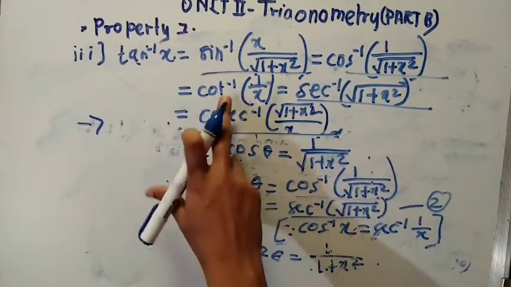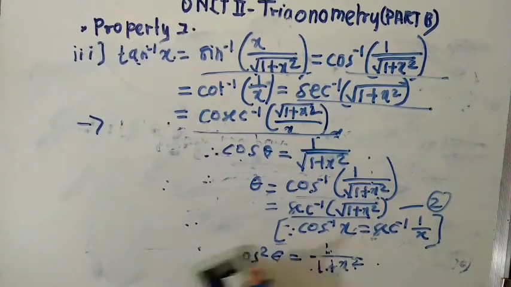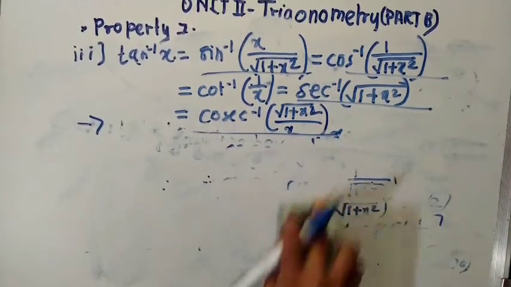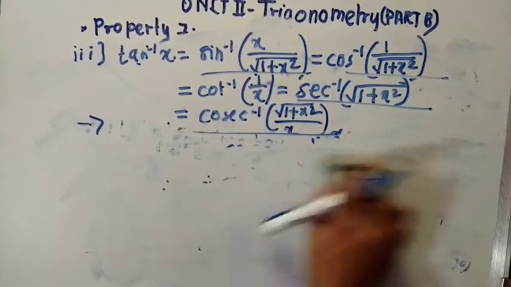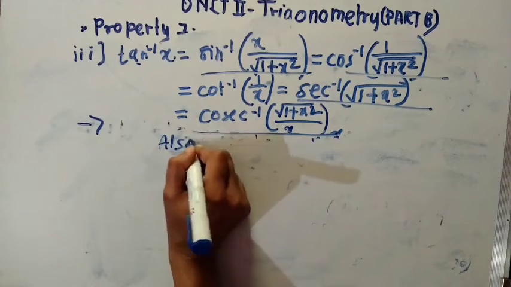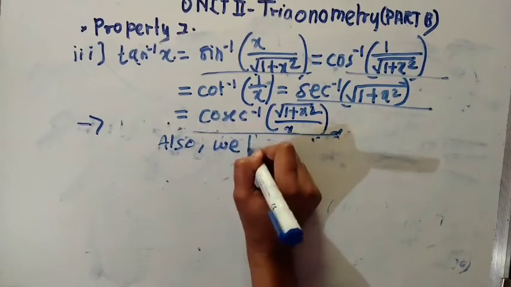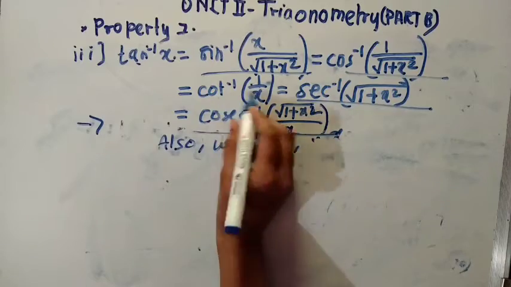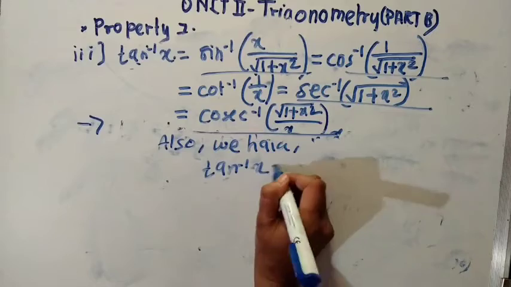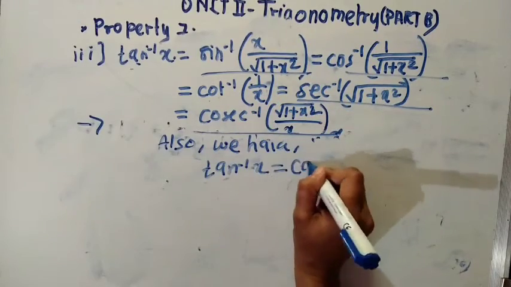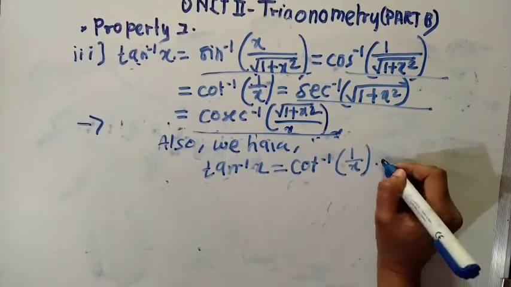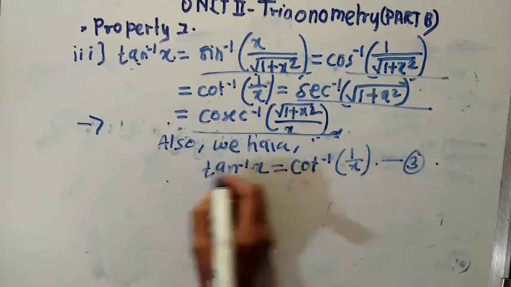Then we only have to prove the cot part, but we also know that tan inverse of x is already equal to cot inverse of 1 upon x by the formula. This is the third equation.